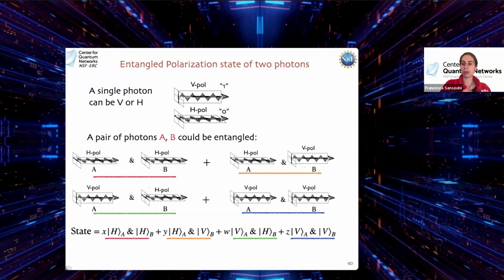So we have one photon which will be horizontal, the other vertical, and vice versa. And in the last case here, the blue case, we have both photons in the vertical polarization. So this is how an entangled polarization state of two photons looks, mathematically at least.